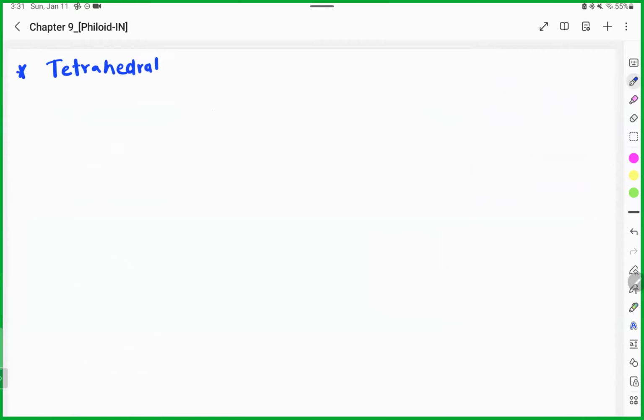So we will not take much time. What happened in the crystal field of the tetrahedral? Tetrahedral means the coordination number is 4. If the coordination number is 4, it means 4 ligands are present.